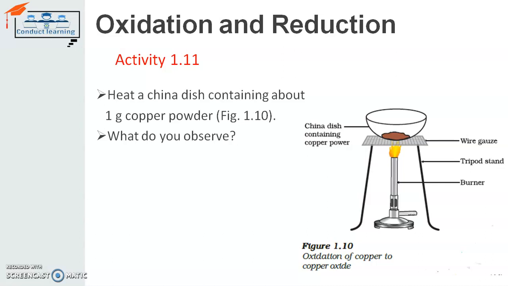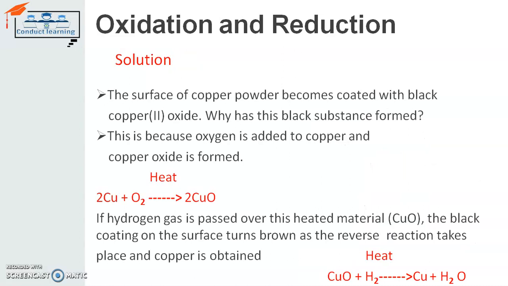We will completely understand it through the chemical equation given here. When we do the activity, we will heat copper powder in a china dish, and it will turn black. That means it is converted into copper oxide.